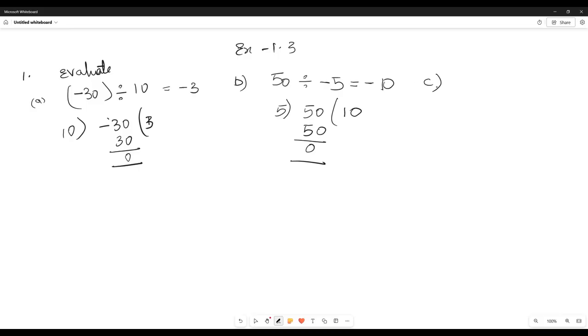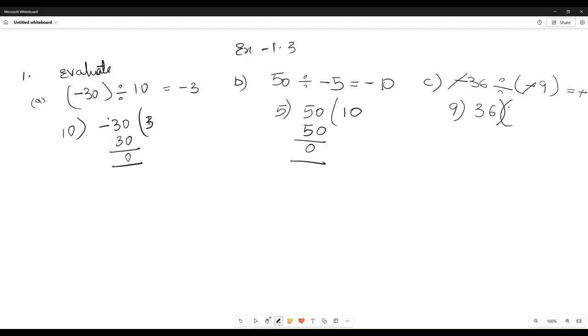And the third question, minus 36 divided by minus 9. Here the numerator and denominator have the same sign, so it will cancel. We get the positive sign. So let's do the division. 9 and 36.